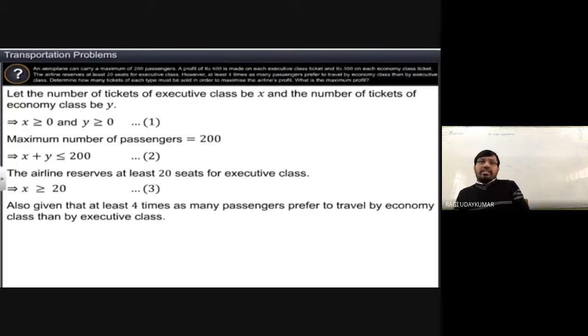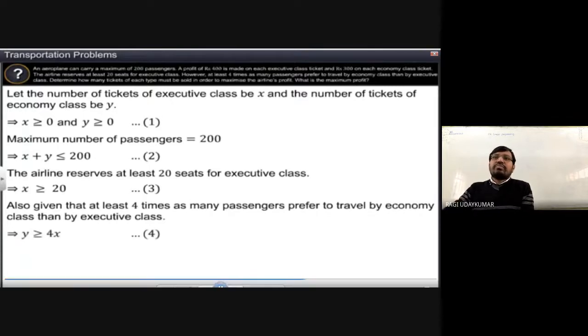Also the condition is given that at least 4 times as many passengers prefer to travel by economy class than by the executive class.